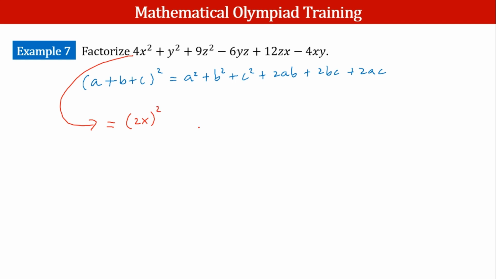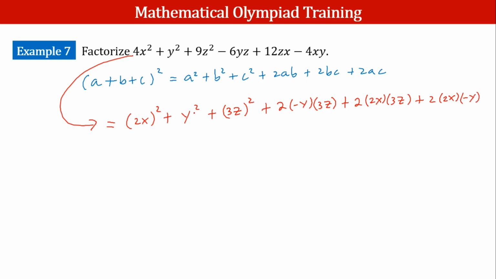2x squared plus y squared plus 3z squared plus 2 times negative y times 3z plus 2 times 2x times 3z plus 2 times 2x times negative y.